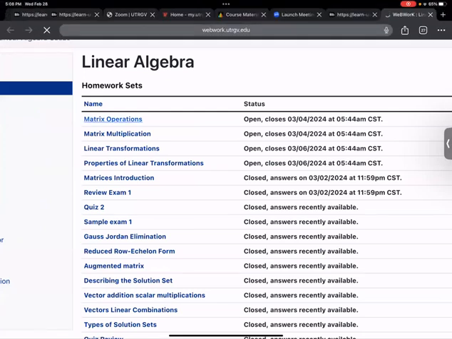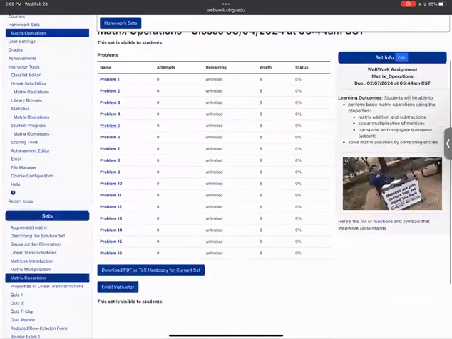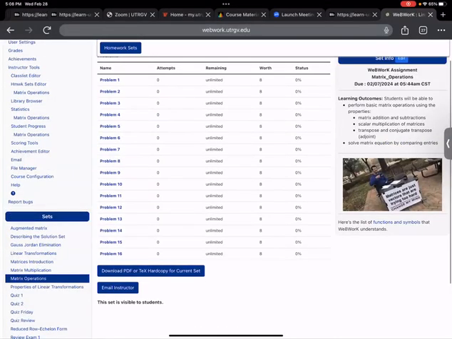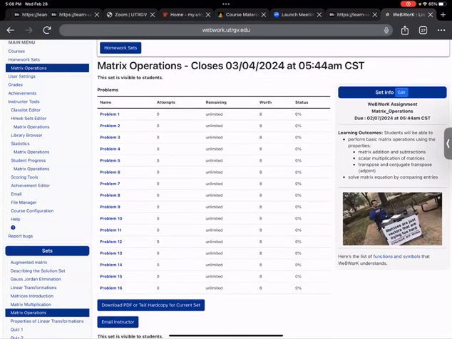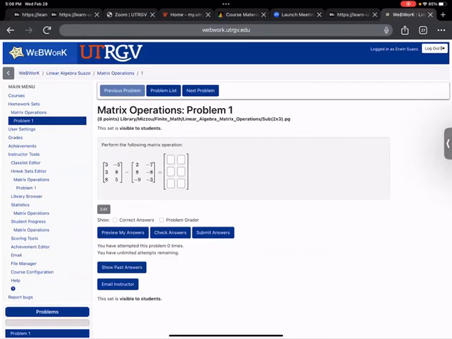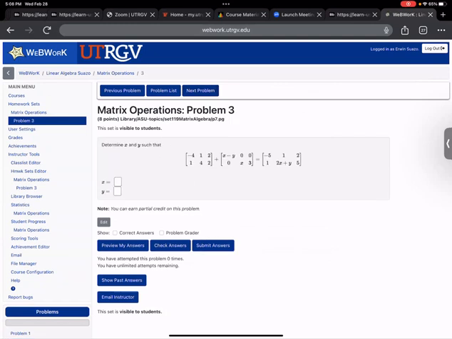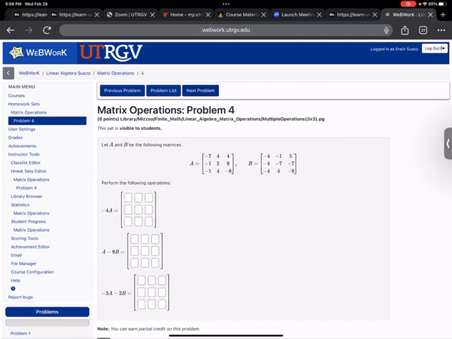So you see you have matrix operations. These are like 16 problems, but if you see the problems, they're very easy. They're just basically subtraction of numbers. This is just like primary school. Adding matrices, there are more equations here, but this is basic operations.